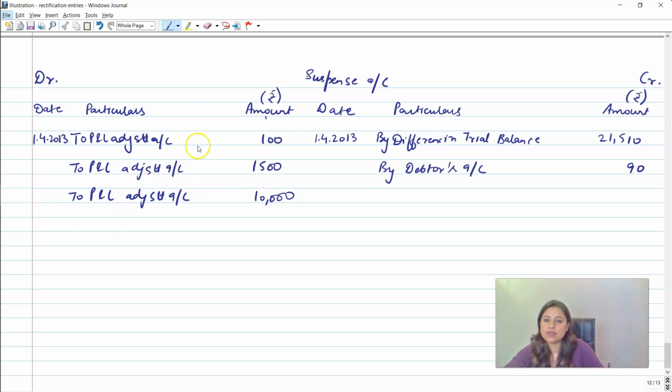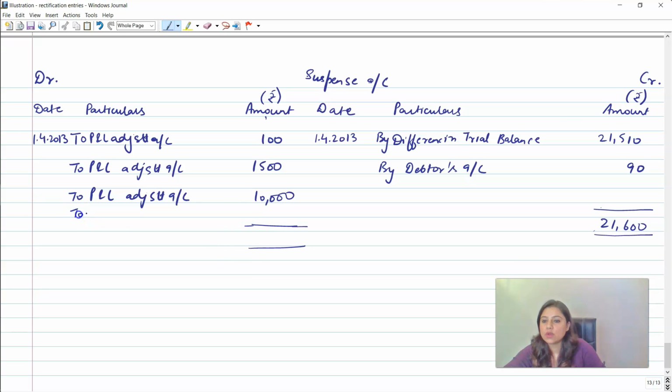So now these were the entries which involved the suspense account. If we do the total of both the sides, we have 21,600 here, and in order to nullify the suspense account, we would be bringing it down to zero before finalizing the accounts in this particular year.